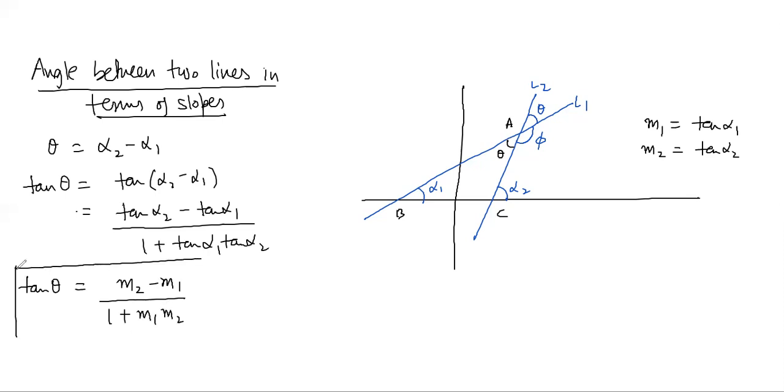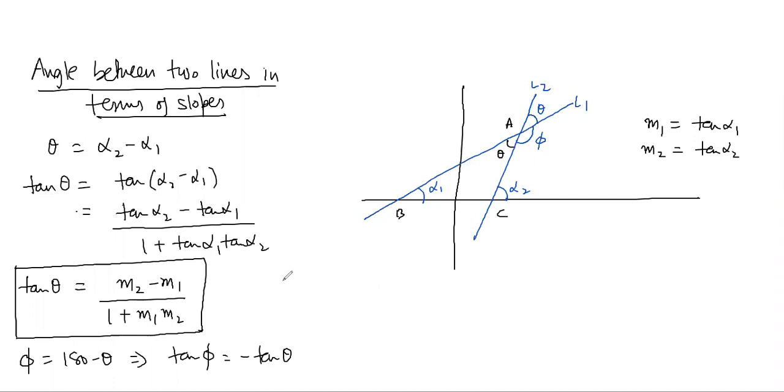Now there is another angle which is phi. So phi को हम कैसे लिख सकते हैं? Phi can be written as 180 minus theta. So this will give you tan of phi is equal to minus tan of theta. तो tan of phi क्या हो जाएगा? Minus tan of theta, which is m1 minus m2 upon 1 plus m1 m2.